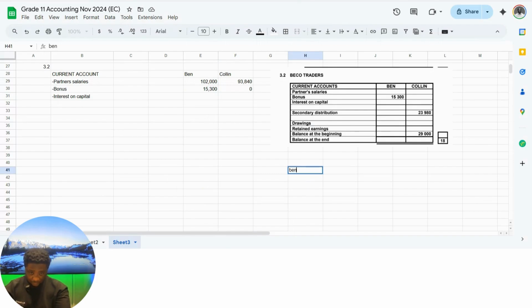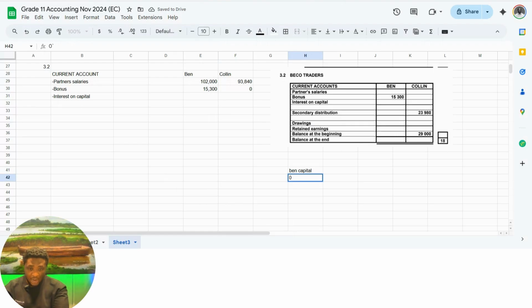So for Ben's capital, we're going to work out from 1 October 2023 and work out up until 31 May of 2024. And then after that, you're going to work out from 1 June 2024, and then we're going to work that out until the 30th of September 2024.